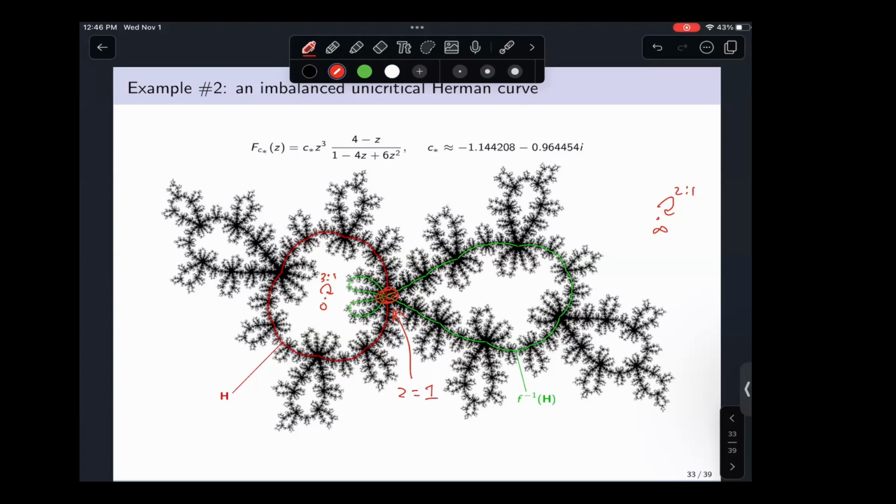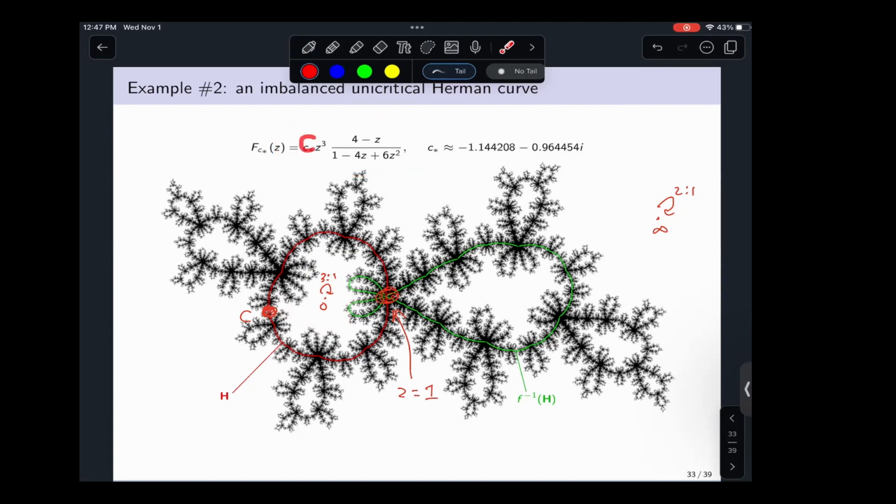And then the corresponding critical value, maybe somewhere over here, C. If I have the following data, that 0 is mapped into itself 3 to 1, infinity is mapped into itself 3 to 1, and 1 is mapped into C, and I think the remaining criticality will be 4 to 1. If I just have the following combinatorial data, then I get the following parameter space.